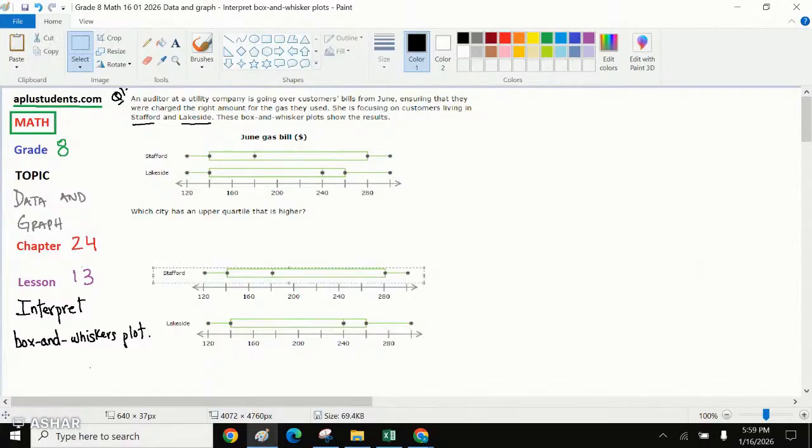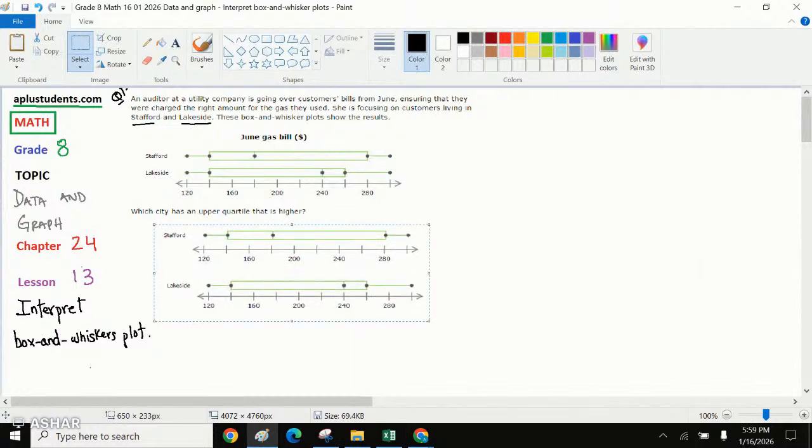Either you do them together on the same diagram or you can do them separately. I just did this separately to make you understand how a box and whiskers is plotted.